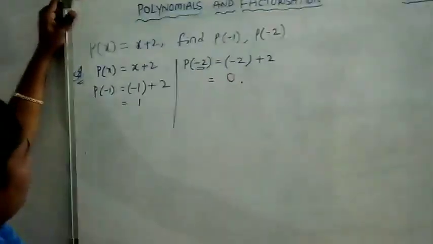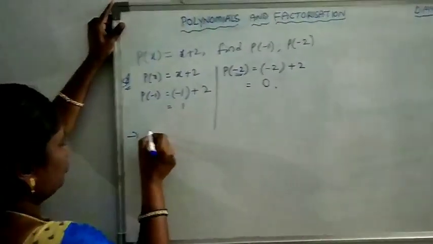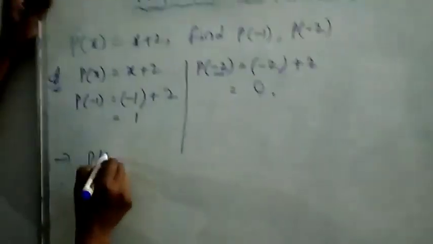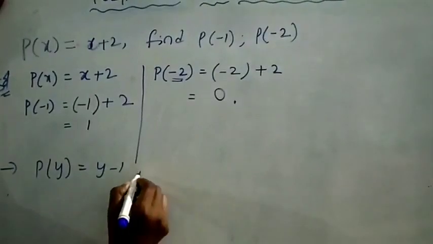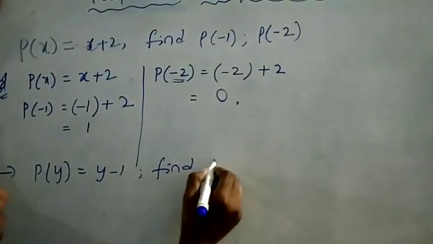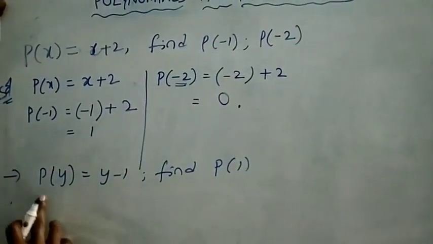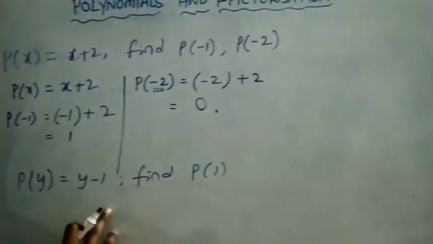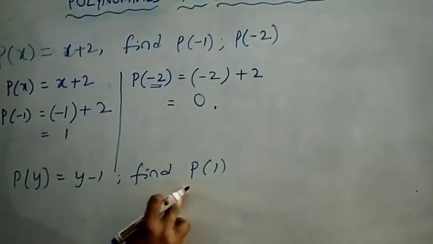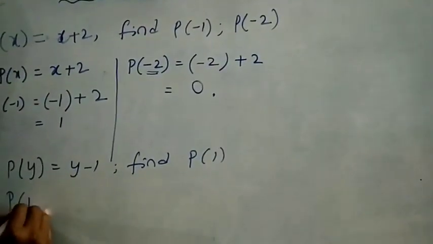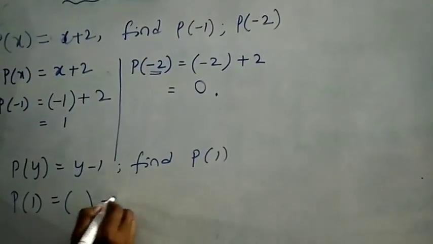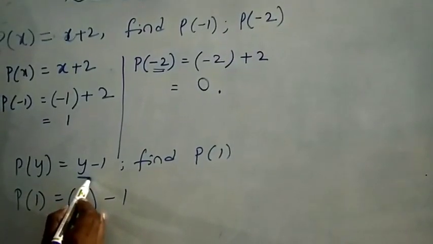Okay, children, we will see one more problem. Let P of y is equal to y minus 1. Find P of 1. Now, to find P of 1, what do we have to write, children, in the place of variable y?